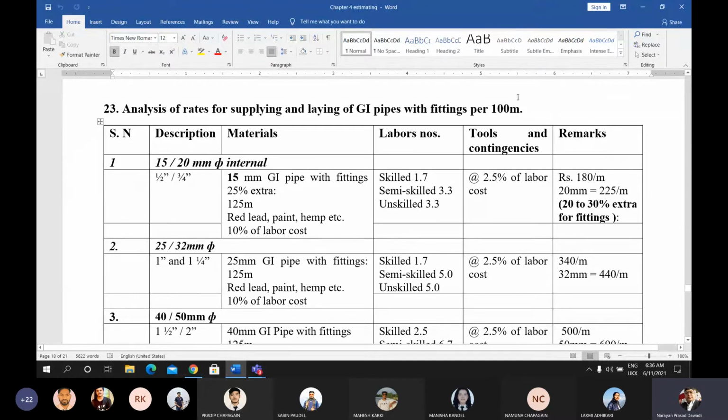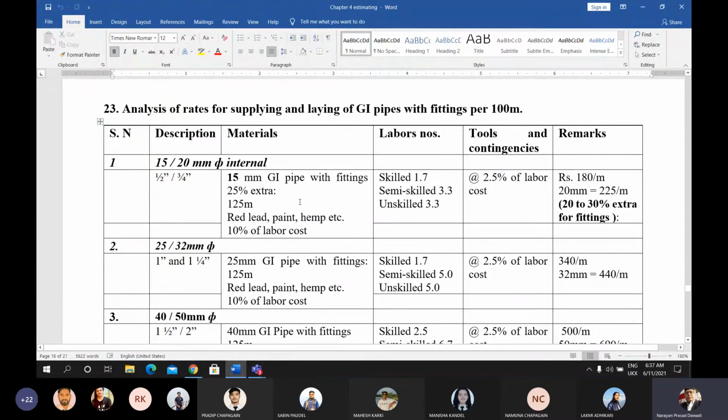For the 100-meter pipe length, we need 100 meters of pipe, and 25 meters extra is for the cost of fittings. These fittings may be elbow, nipple, socket, T, and other fittings, bulbs, etc. What number of these things are needed here, I don't know.